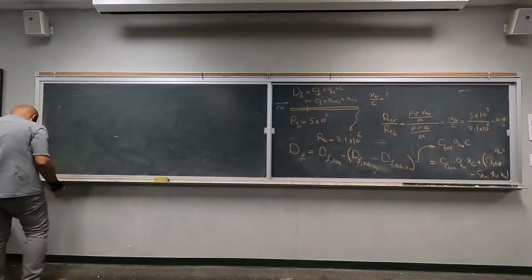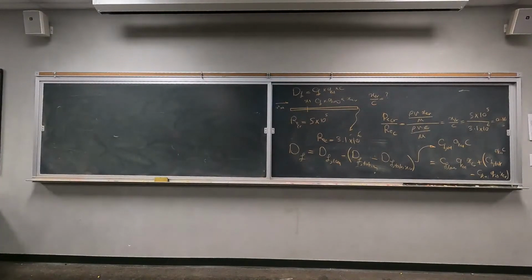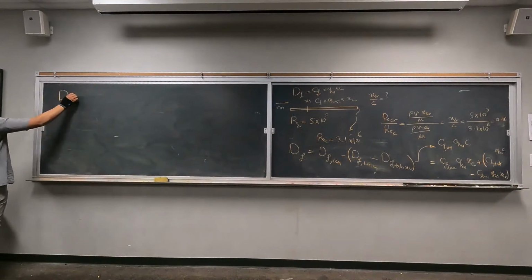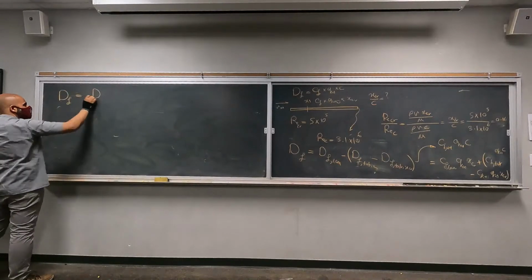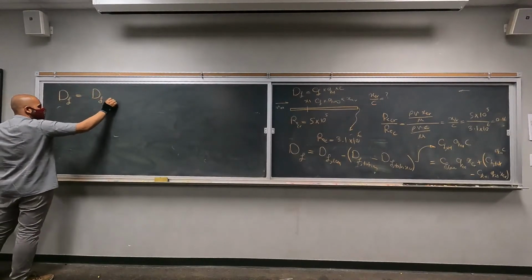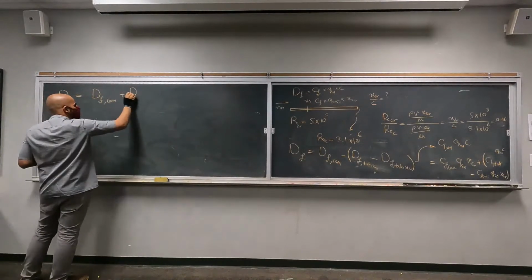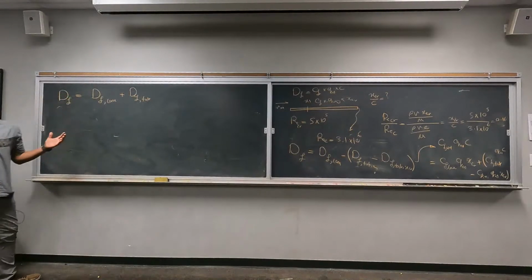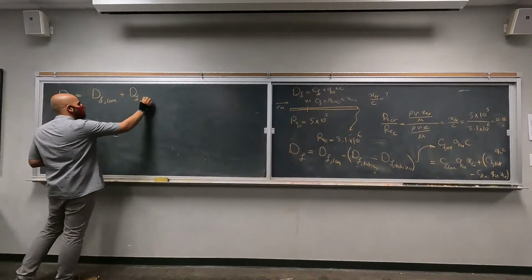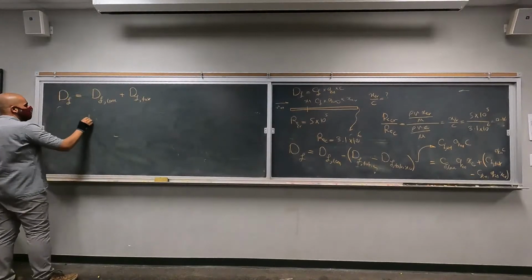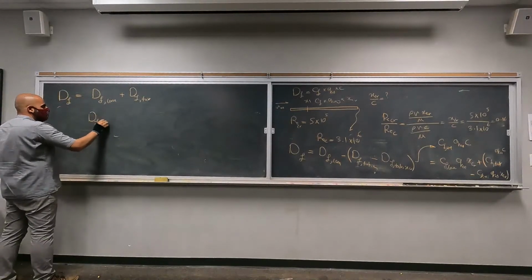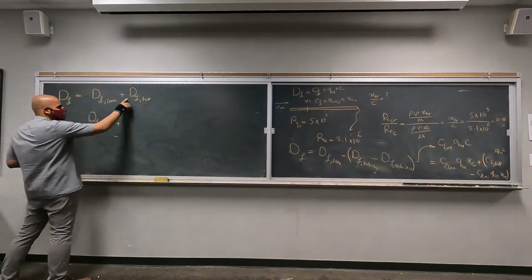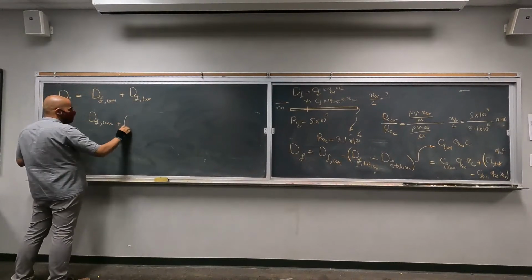Total drag force on this flat, total friction drag on this plate is equal to the friction drag of the laminar region plus the friction drag of the turbulent region, right? So how did we calculate the friction drag of the turbulent region?